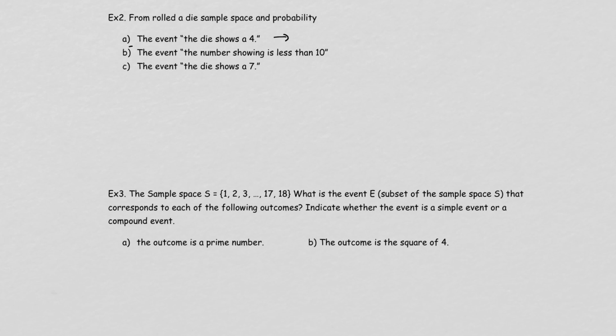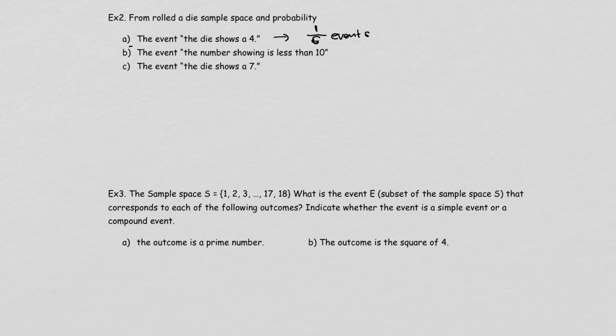You have a total of 6 outcomes, remember? Getting either 1, 2, 3, 4, 5, 6, right? 6 total outcomes. Over getting a 4, which is going to be just 1 time. So your probability is going to be 1 out of 6.